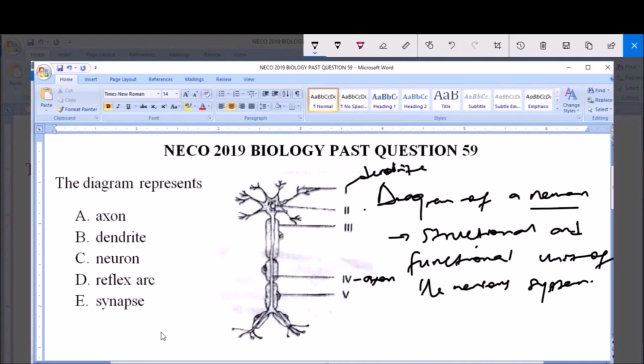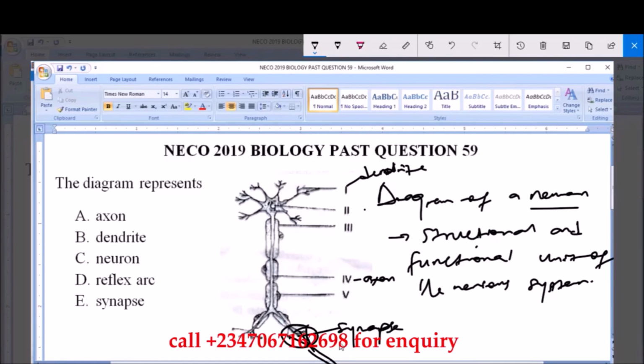Now E says synapse. Synapse is formed when this neuron communicates with another neuron, that is, communicates to the synaptic cleft of another neuron. Then we say this is a what? This is a synapse. That point, that junction where they communicate, is known as a synapse. Then this is reflex arc.